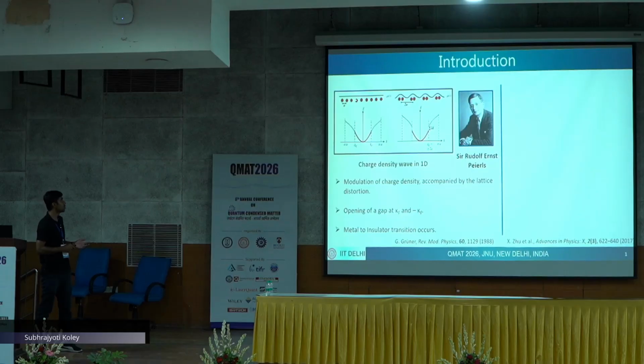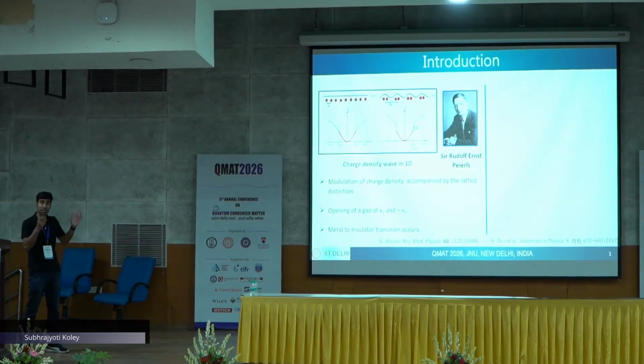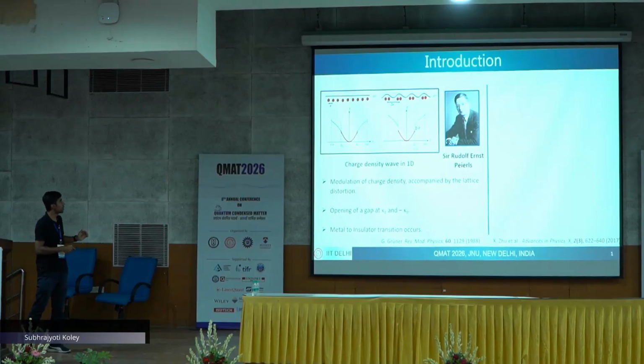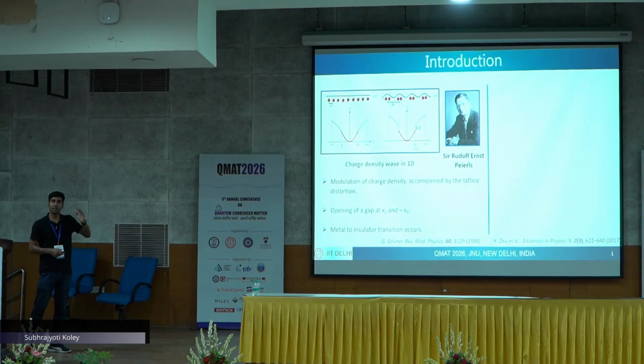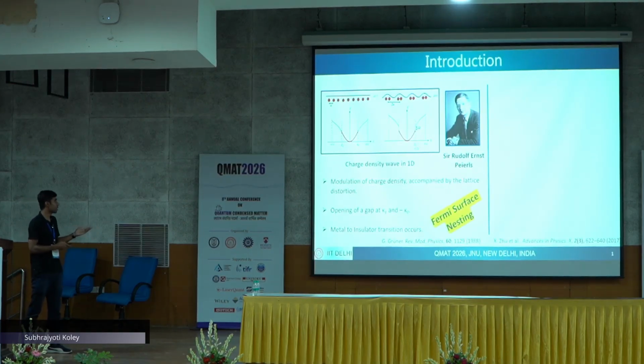As the lattice gets distorted, it becomes a dimer, and the Brillouin zone gets shrunk. As the Brillouin zone shrinks, a gap opens, and the metal becomes an insulator or maybe a semiconductor or semi-metal. So this can be easily explained with the Fermi surface nesting, as Ernst Peierls did in 1955.